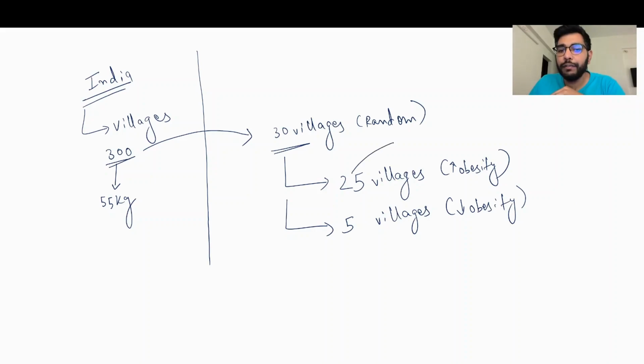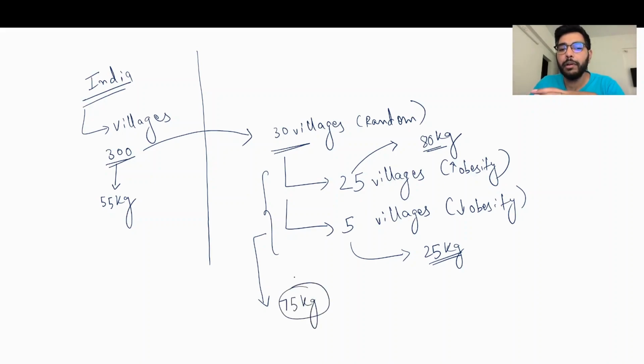The average weight of people in these 25 villages, since they are prone to high obesity, let's say is 80 kgs, and in these five villages it is, let's say, 25 kgs because of malnutrition due to lack of resources. The overall average weight of the 30 villages would be, let's say, around 75 kgs, because it will be closer to the 25 villages, since most of the people in the 30 randomly selected villages have high weight or obesity.